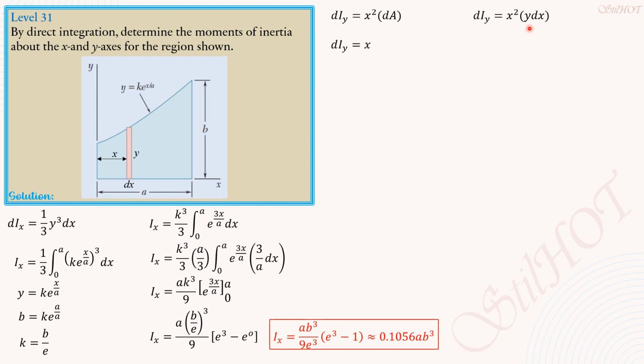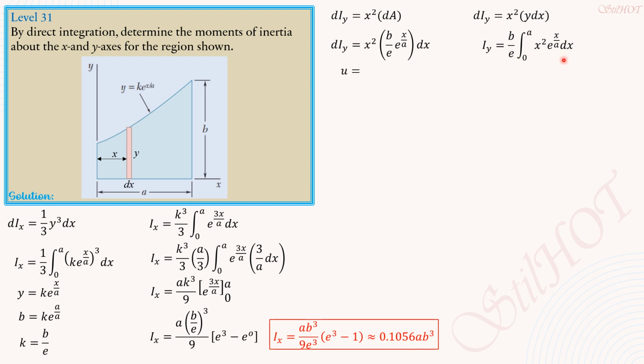Differential Iy is x squared times y, which is equal to k, which is b over e, e^(x/a) dx. So Iy is b over e integral 0 to a of x squared e^(x/a) dx. This is the product of an algebraic function and an exponential function, and we can evaluate this by integration by parts.